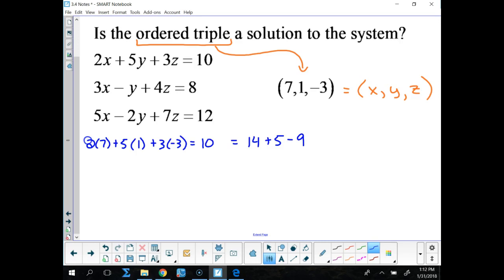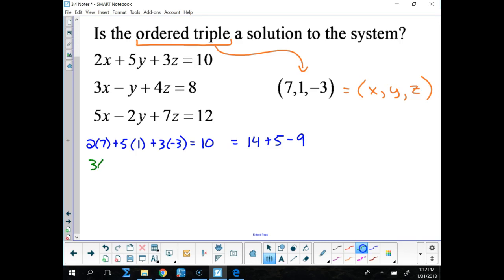Then I check in the next equation. What if that one didn't work? Then it doesn't work. Yeah. If it doesn't work, it doesn't work. You're done. Okay? If it works, you keep going.